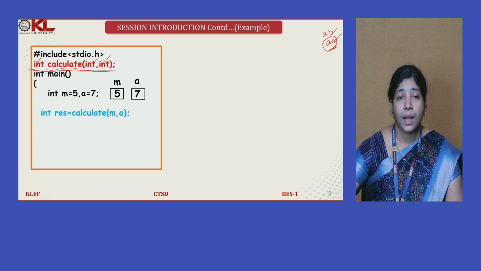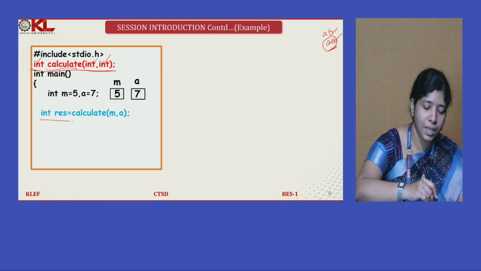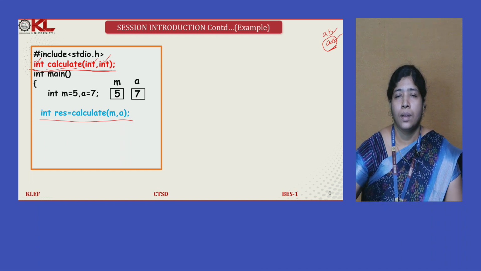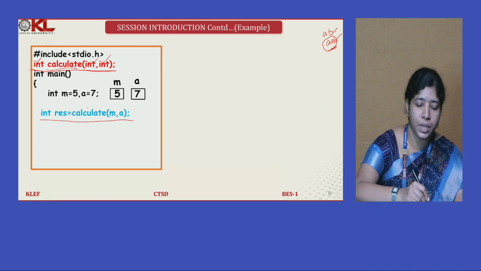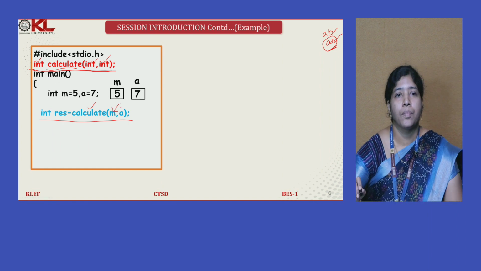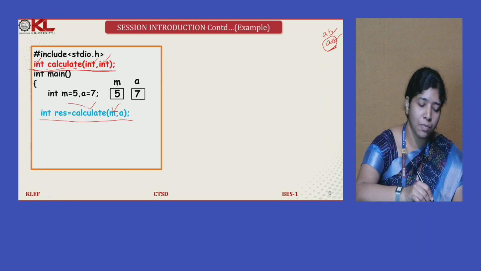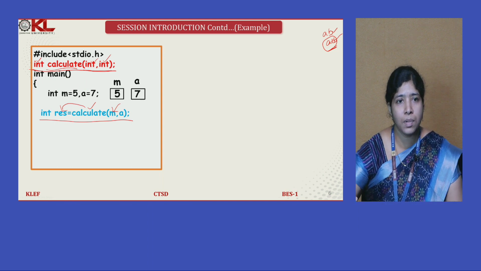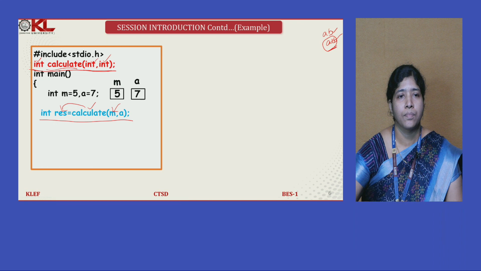Now see, I have written result res equals calculate m and a. Can you see any operation in here? No. Some user defined function is here, inputs are passed to it, and the moment it is performed, you are supposed to store the value in the variable called res, right?